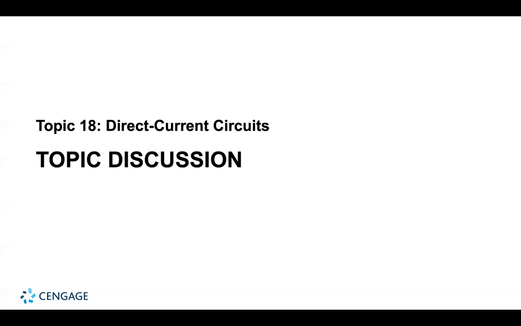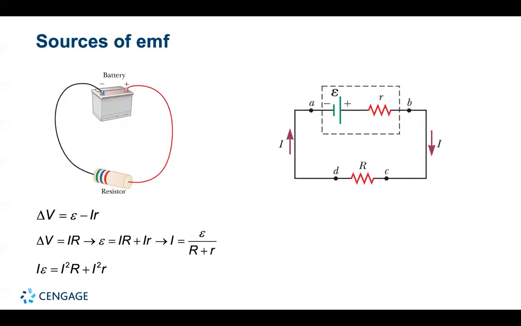For the circuits containing capacitors, the current will vary with time. So we have this figure on the left. It's a circuit consisting of a resistor connected to the terminals of a battery. And on the right, we have a circuit diagram of a source of EMF epsilon having internal resistance r and connected to an external resistor R.